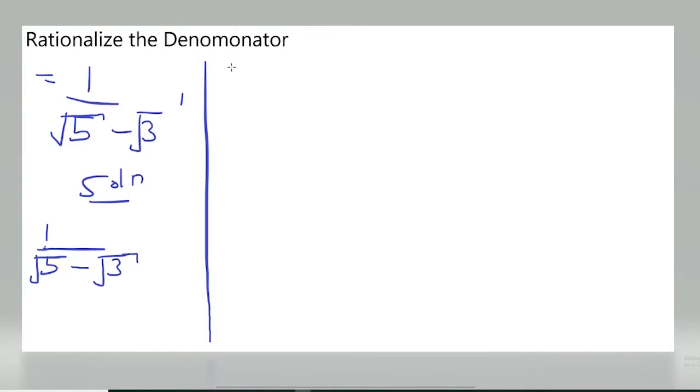Just follow what I'm doing, then you will understand. This expression equals 1 over the square root of 5 minus the square root of 3.